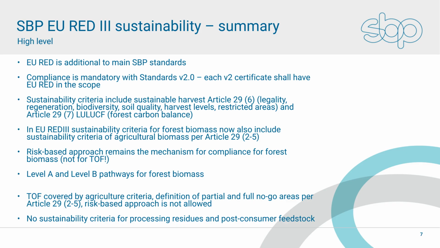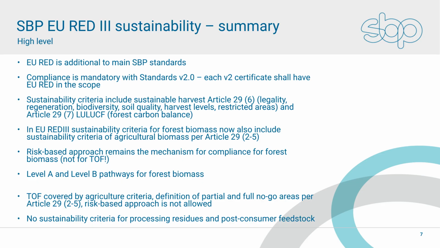Under RED 3, sustainability criteria for forest biomass also incorporate the agricultural biomass criteria in Article 29, Paragraphs 2 to 5. For forest biomass, compliance is based on a risk-based approach with level A and level B pathways. This risk-based mechanism is not allowed for TOF under EU RED.